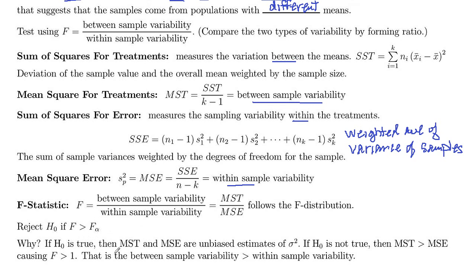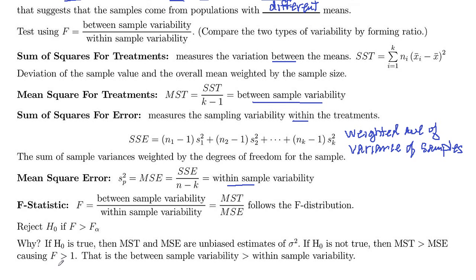And why is that? Well, if H0 is true, if all the population means are the same, then mean square of treatment and mean square of errors are going to be unbiased estimates of sigma squared. Whereas if H0 is not true, then mean square of treatments is going to be greater than mean square of errors, causing F to be greater than 1.